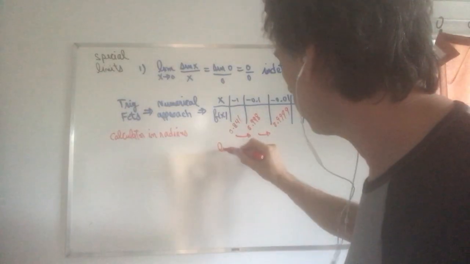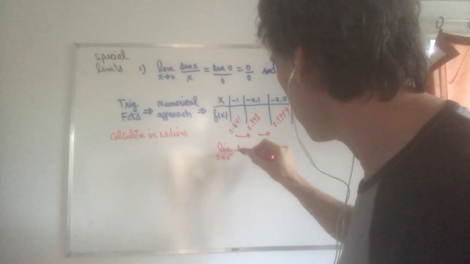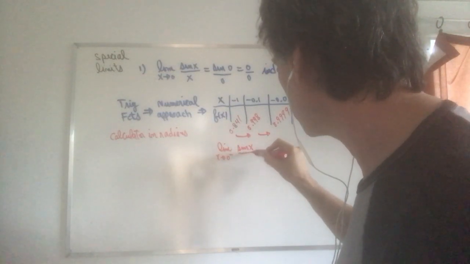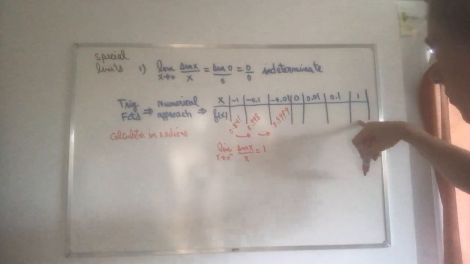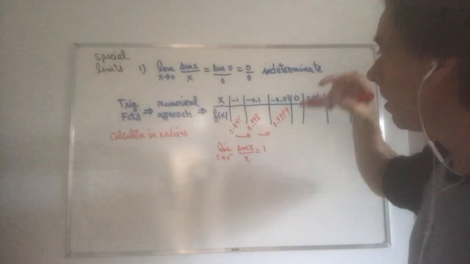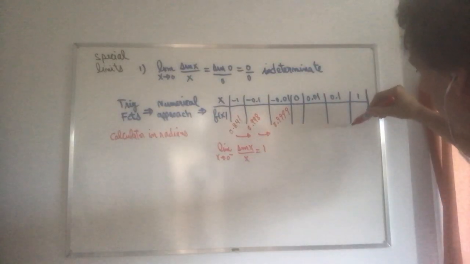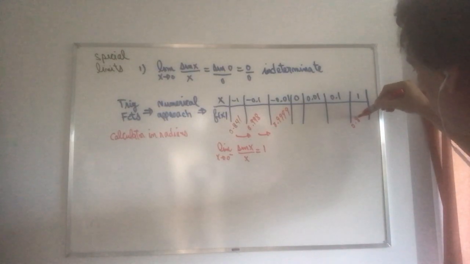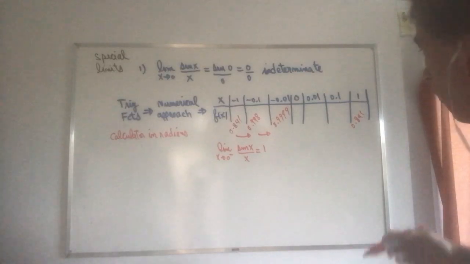It is quite clear that the limit as x approaches 0 from the left of this function is actually equal to 1. As we move to the other side, we're going to find a beautiful symmetry here, in part because sine x is actually an odd function. We're going to get the exact same value. At 1, I'm going to get 0.841.